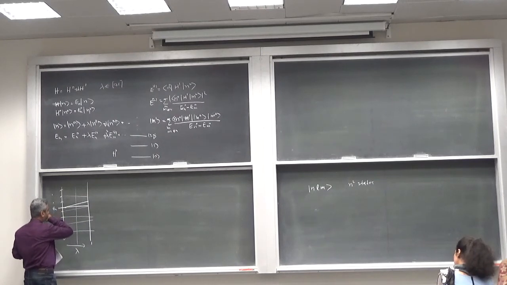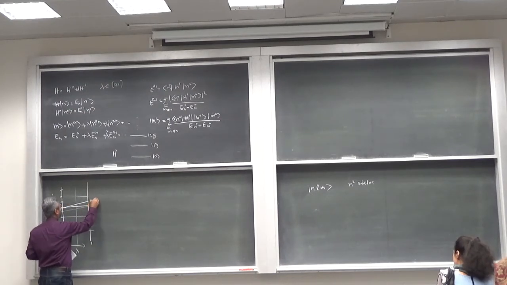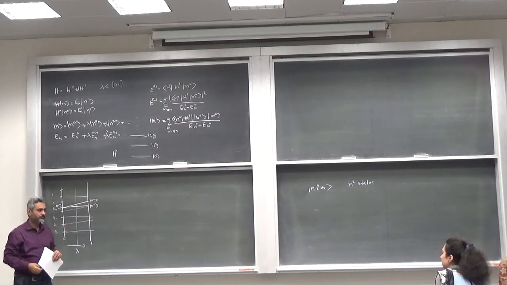So this state n will go to something like n plus and n minus. So n plus and n minus have different energies?